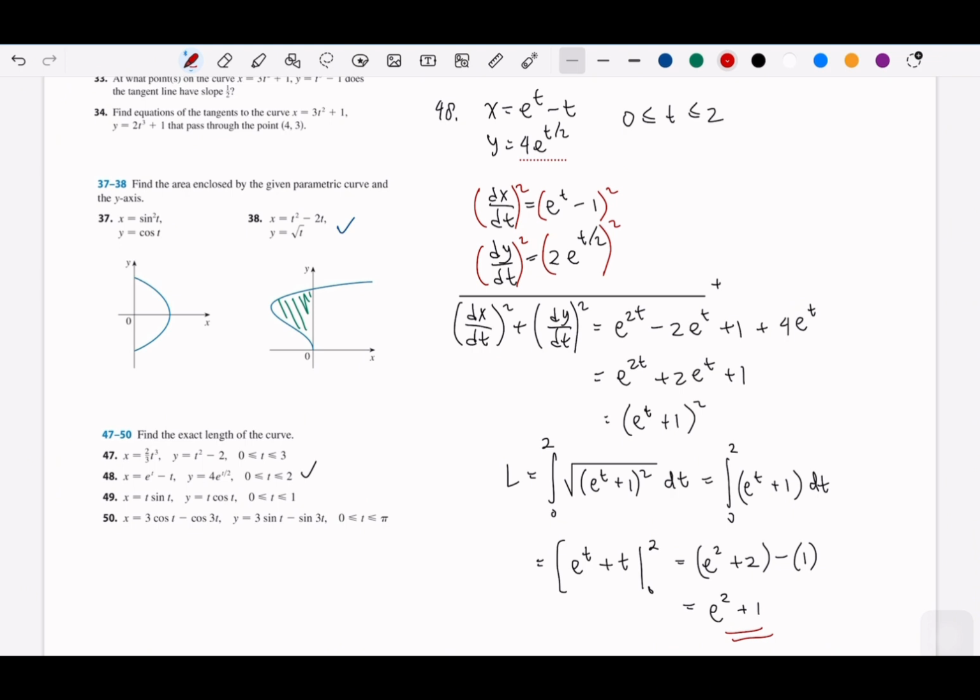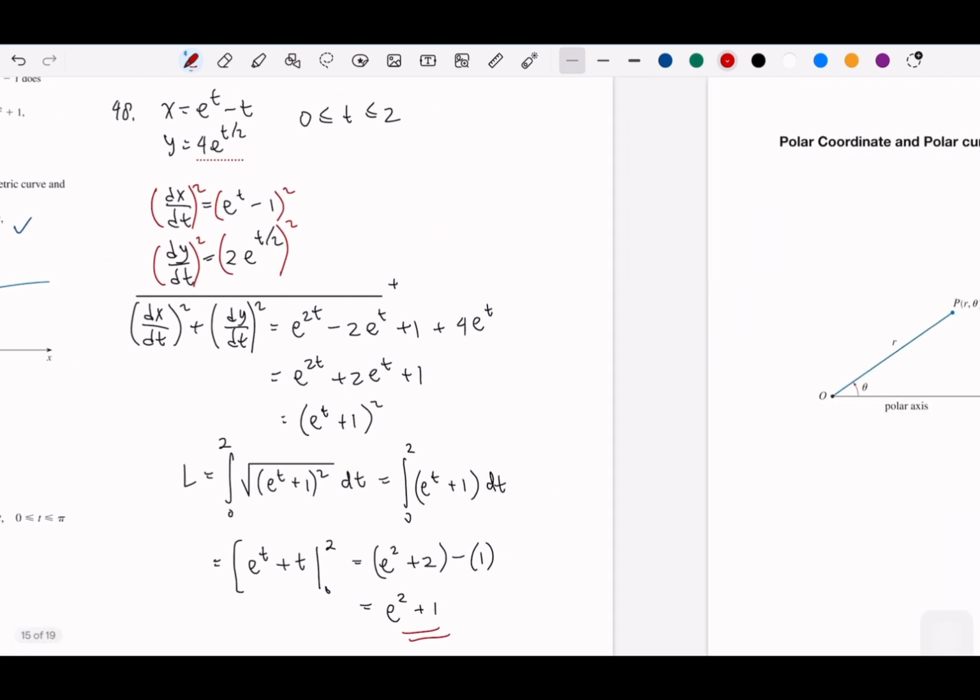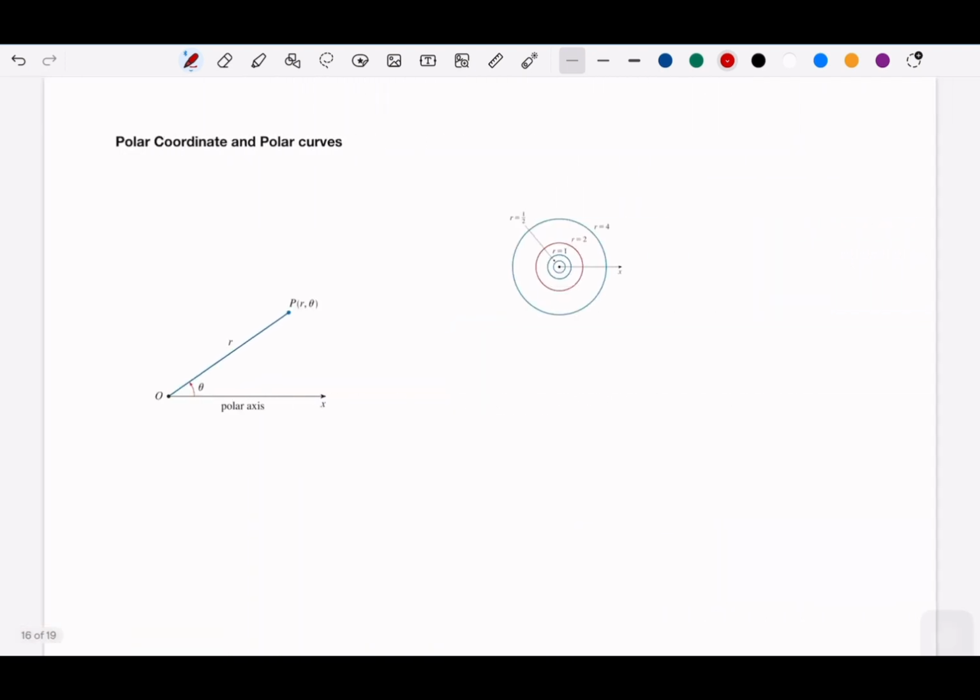Okay, so as an intro, before we move on to the next class, we are going to describe polar coordinates and polar curves. I hope if you have references or tutorials on the polar system, you can find them, and I will try my best to also give you some resources.